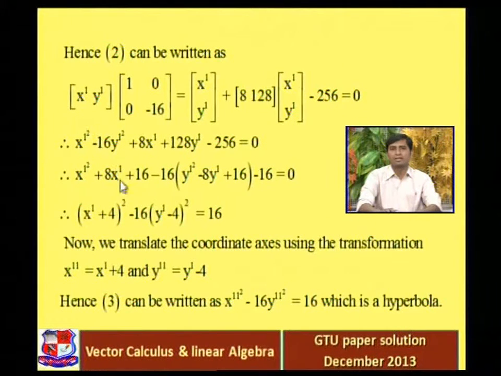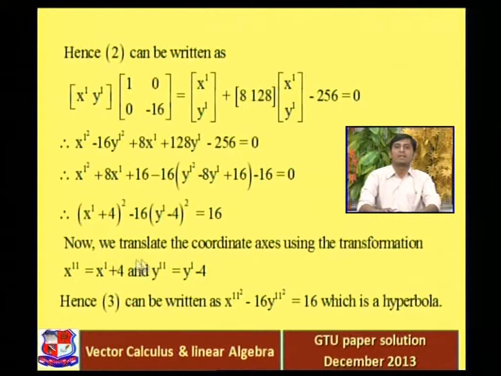So putting all these values, x'² minus 16y'² plus 8x' plus 128y' minus 256 is equal to 0, and then (x'² plus 8x' plus 16) minus 16(y'² minus 8y' plus 16) is equal to 0. So finally we get (x' plus 4)² minus 16(y' minus 4)² is equal to 16.